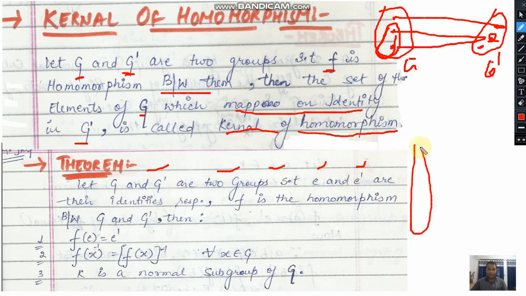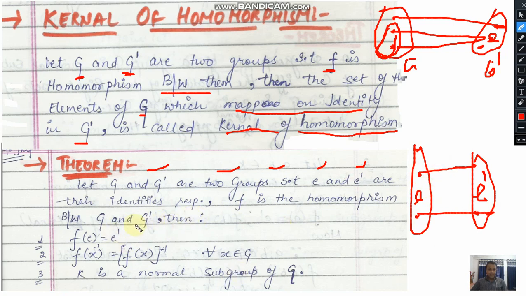Let us suppose this is G and this is G dash. Then the identity element of group G is E, while the identity of G dash is E dash. These are two elements. F is a homomorphism. It means there may be some more elements which are mapped with the elements of G dash. Let us suppose this is the mapping process.